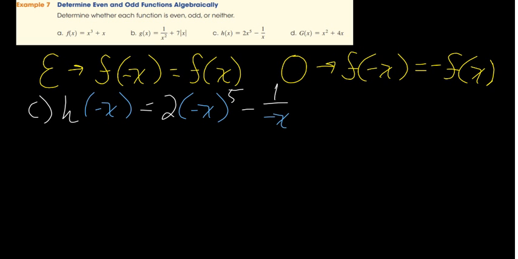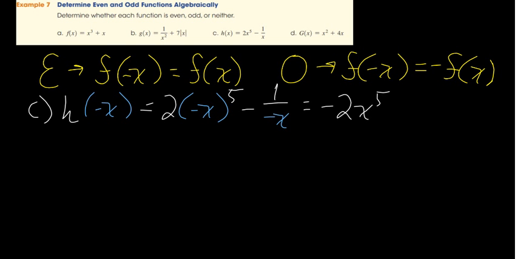Now, if we do the arithmetic here, well, what is negative x raised to the 5th power? Well, negative x raised to the 5th power is negative x raised to the 5th power. And times 2, that's just going to be a negative 2x raised to the 5th power.